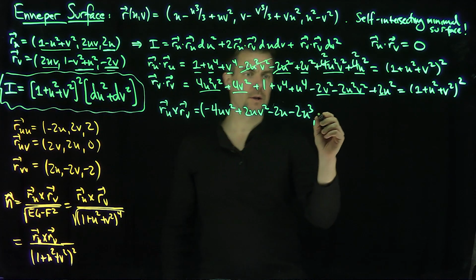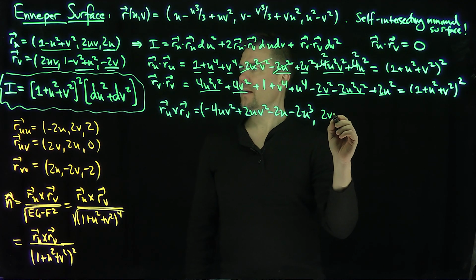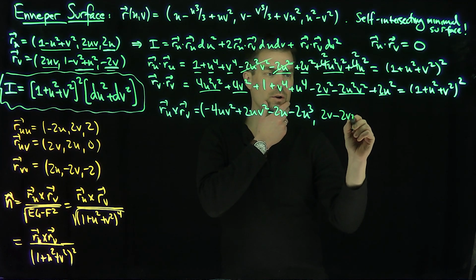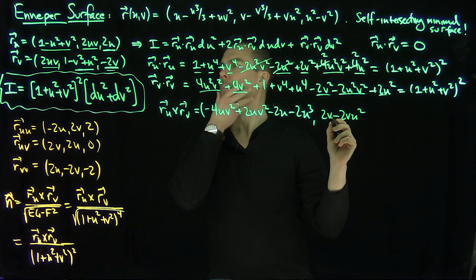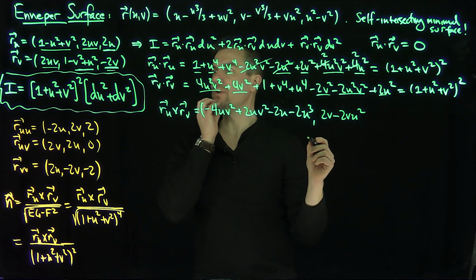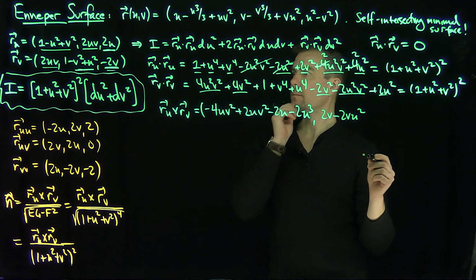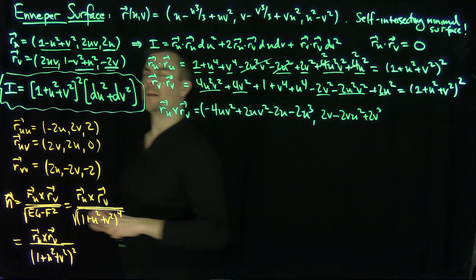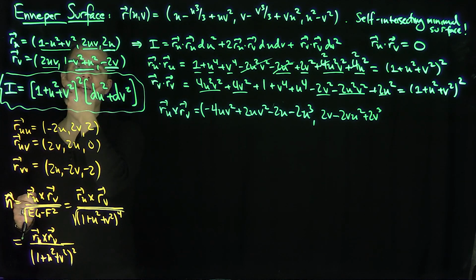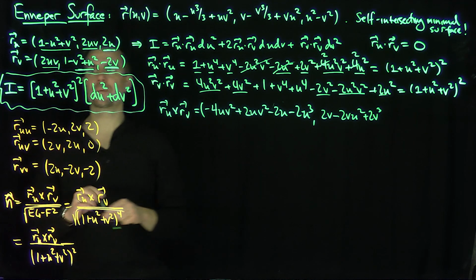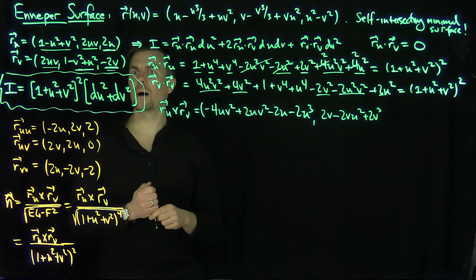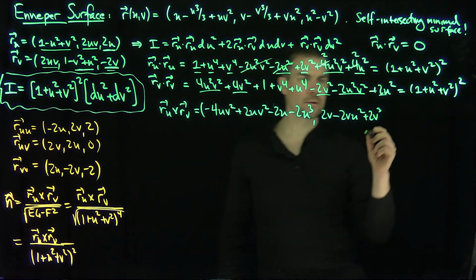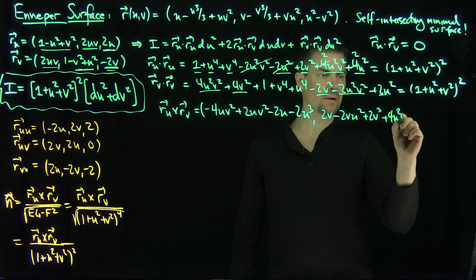That's going to be a 2v, and then a minus 2vu squared, and then a plus 2v cubed, and then I got rid of the minus on this one over here, so I got a negative on the opposite side over there. That's going to turn into a plus, so plus 4u squared v plus 4u squared v.